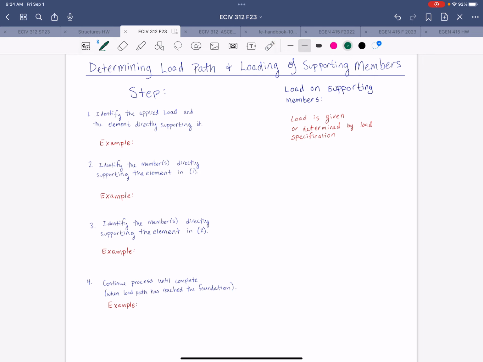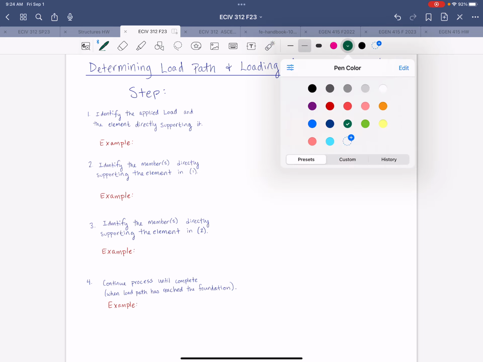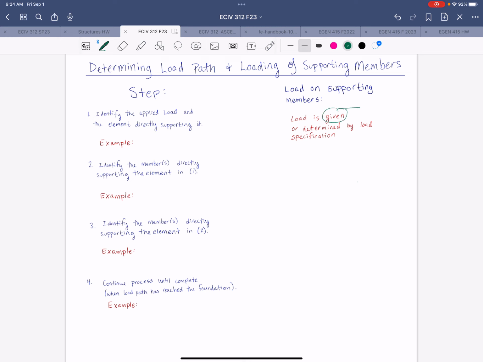So in the example, it's a surface load that's given. And also in this example, we have identifying the element directly supporting it. So the floor plate directly supports the surface load.